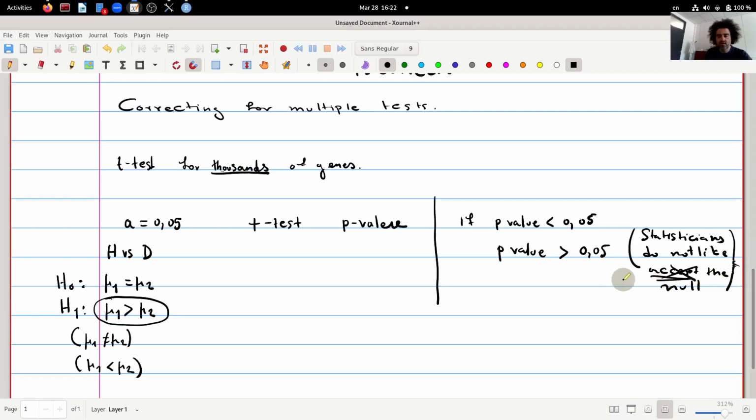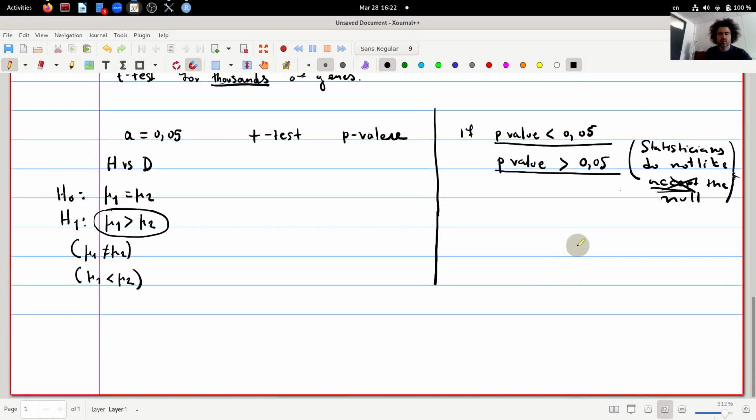We just say that we cannot reject the null hypothesis. Okay. So if the p-value is smaller than 0.05, then we reject the null hypothesis. If the p-value is greater than the significance threshold of 0.05, then we cannot reject the null hypothesis.